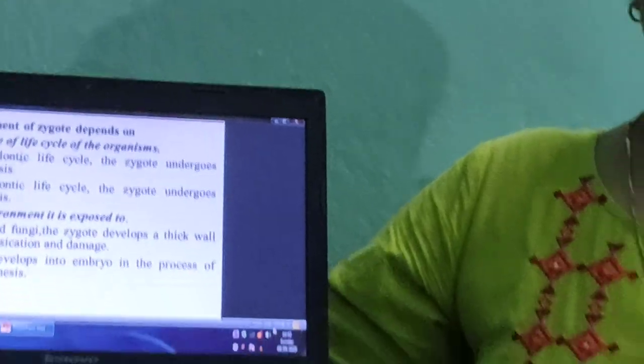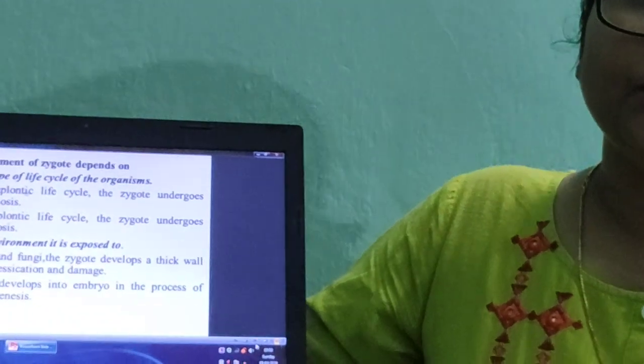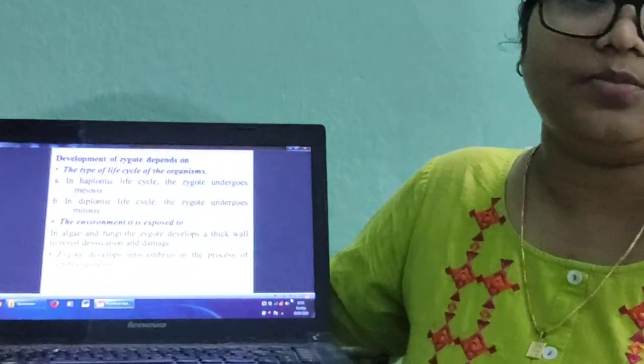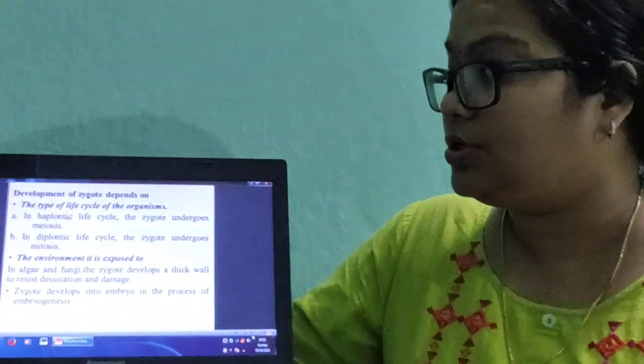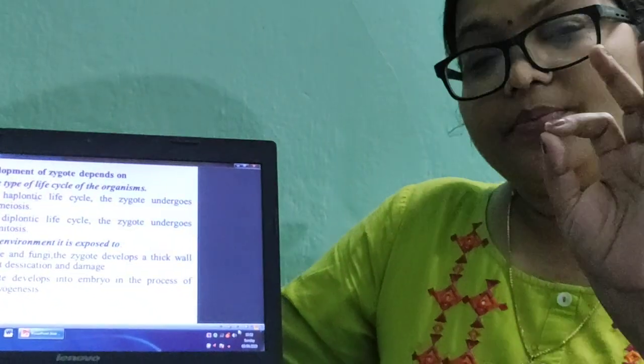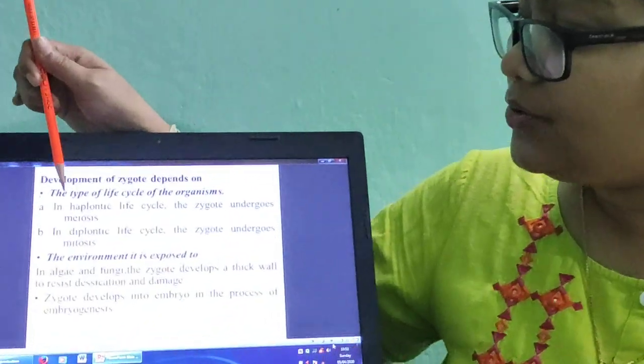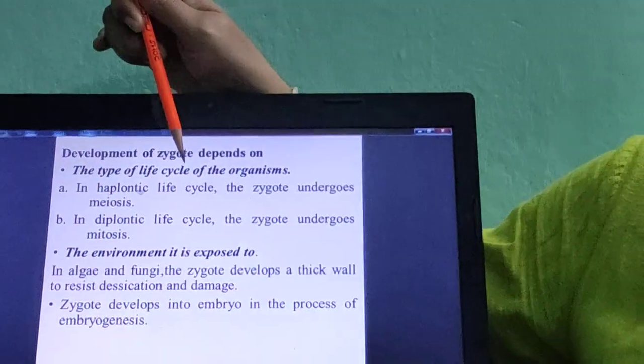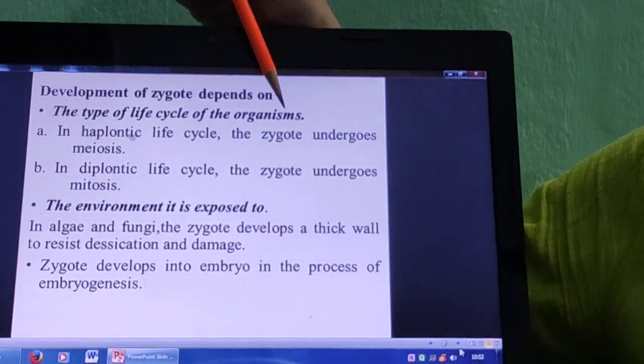Now, what happens to the zygote for the development of the organism, or what are the processes the zygote undergoes? The development or the process the zygote undergoes depends on two factors. One is the type of life cycle of the organism.